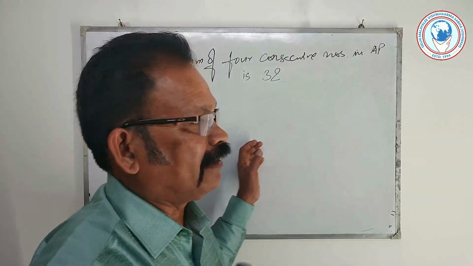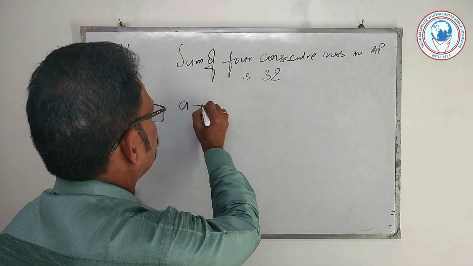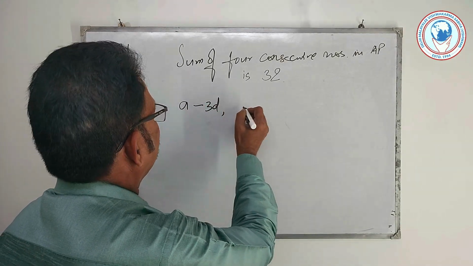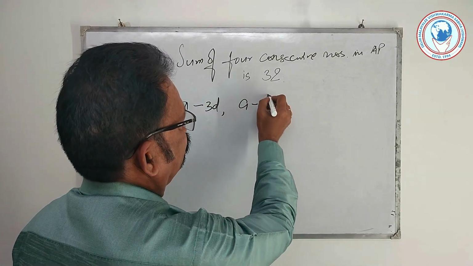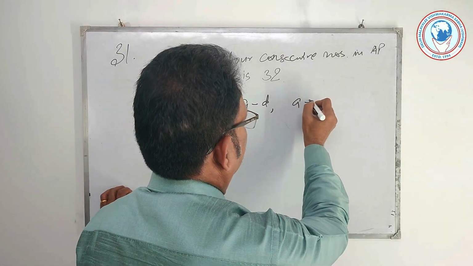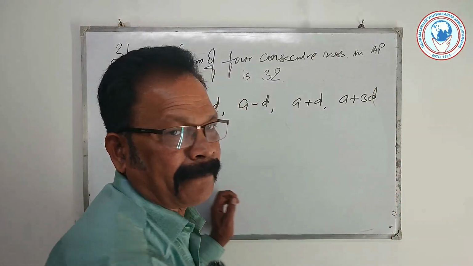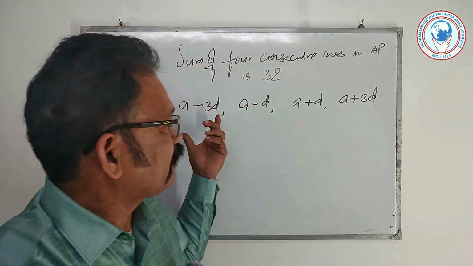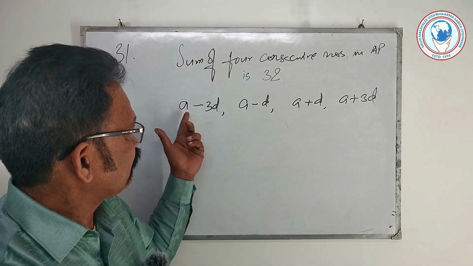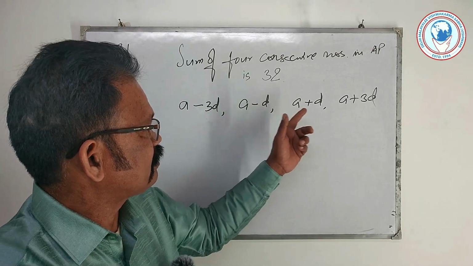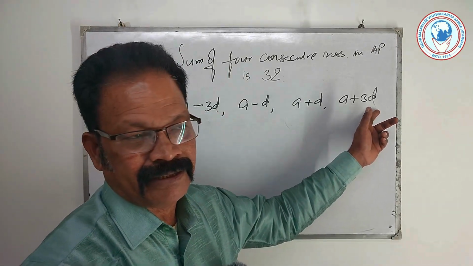The numbers can be taken as a minus 3d, a minus d, a plus d, a plus 3d. See, there are 4 numbers, therefore we take these numbers a minus 3d, a minus d, a plus d, a plus 3d.